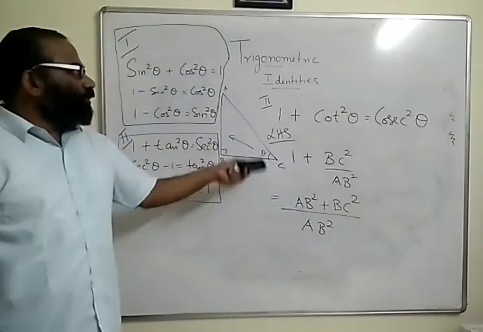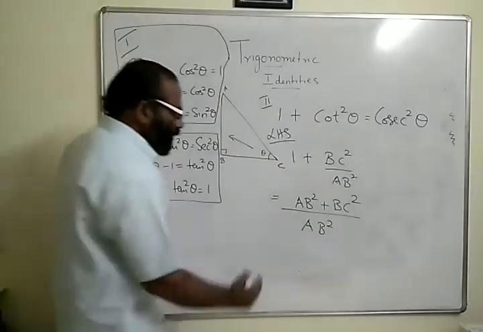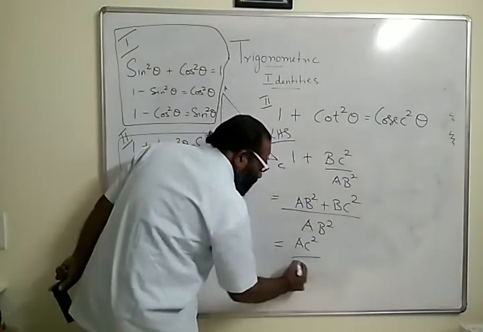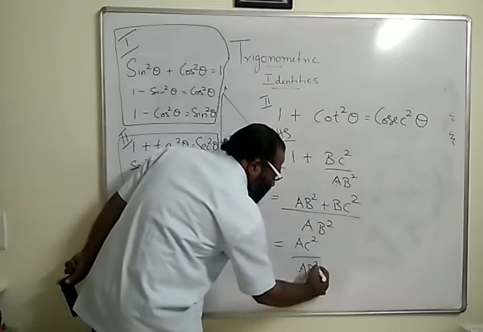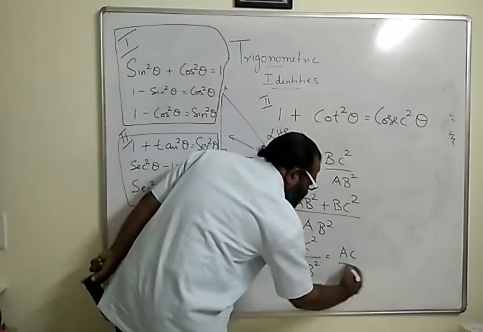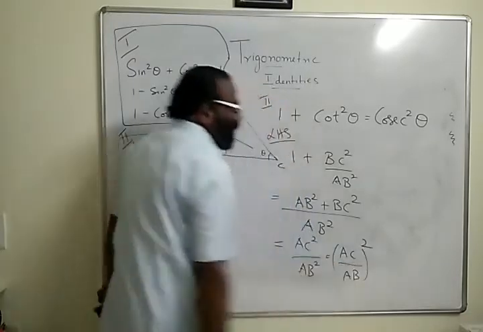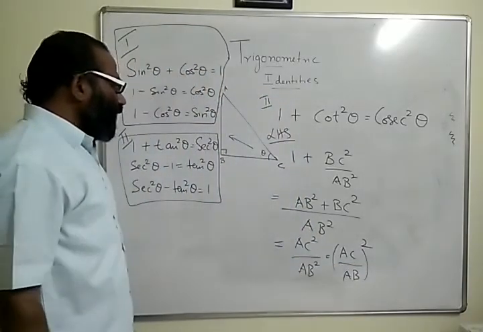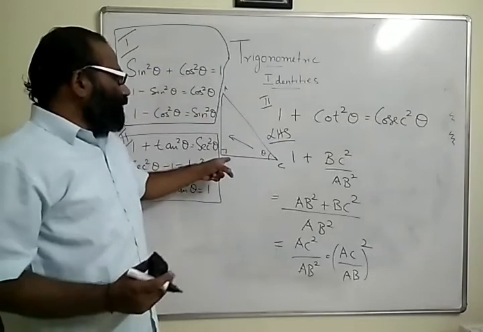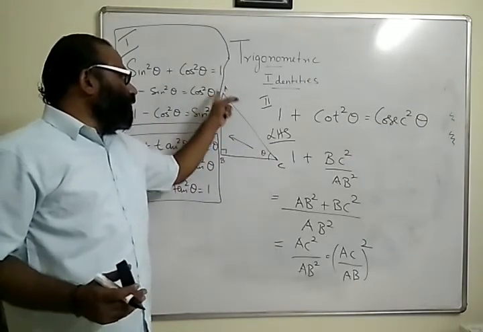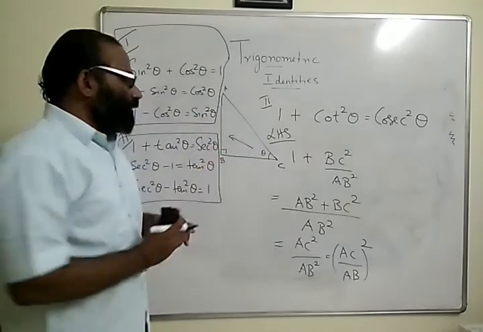AB square plus BC square is AC squared according to the Pythagoras theorem. So I have AC squared by AB square. So I can write this as AC by AB whole square. Now AC by AB is nothing but cosecant theta. Cosecant theta is equal to hypotenuse by opposite.